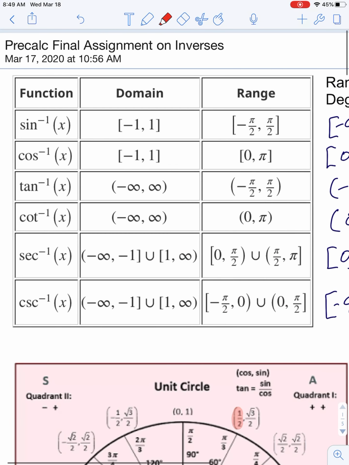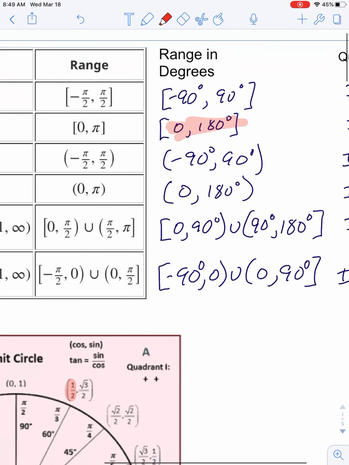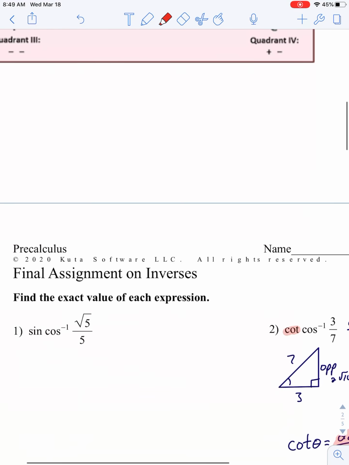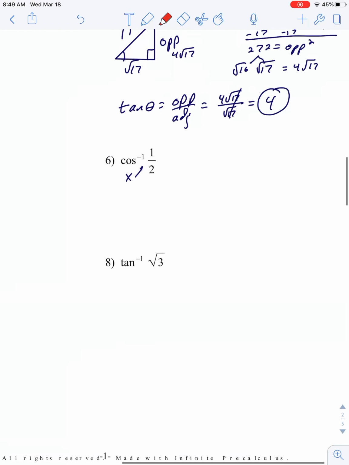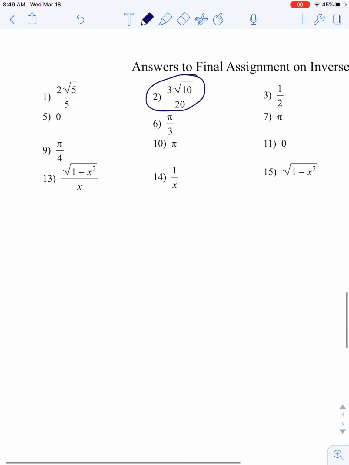If I consult my notes for cosine, the answer has to be between 0 and 180. 60 degrees, not 300, is between 0 and 180. So my answer is 60 degrees or pi over 3. And if I recall, these answers are always in radians, so I'll just go ahead and write down pi over 3. Quick double check. Number 6, yes, pi over 3.